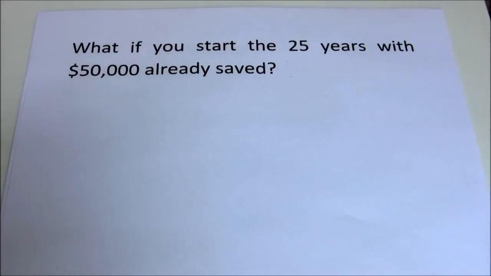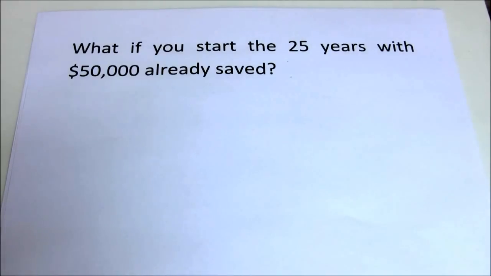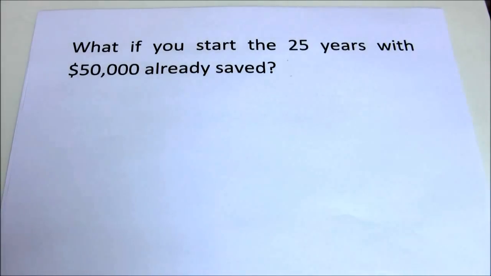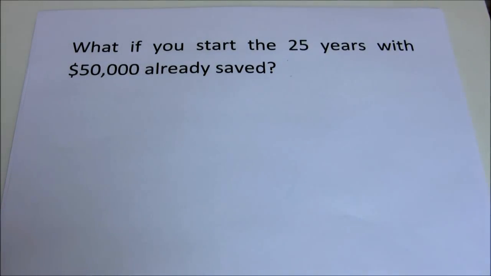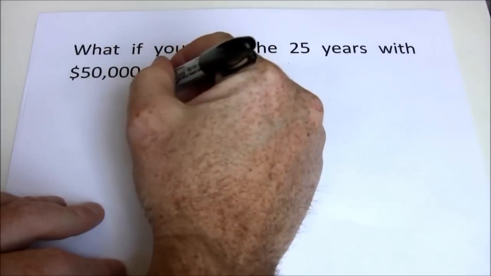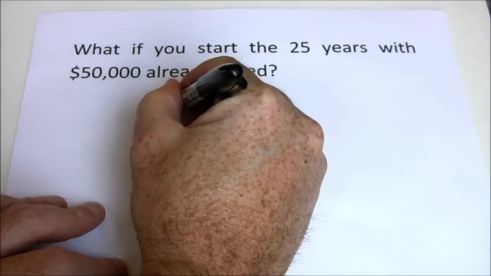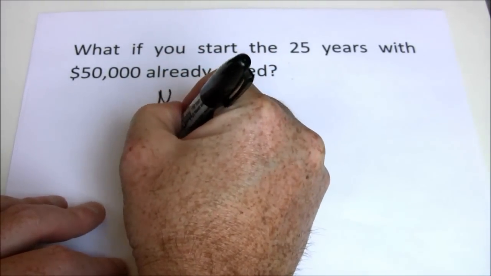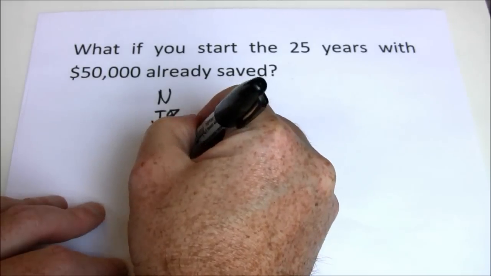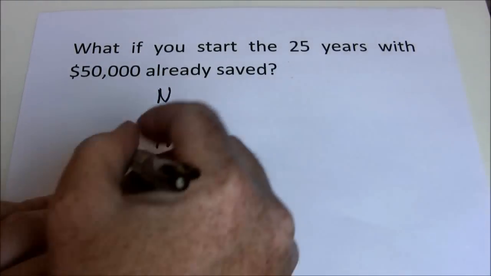Now let's change that just a little bit. And what we're going to change is now instead of starting without anything, we're starting with $50,000 already saved. So we start the 25 years and we've already got $50,000 set up. So again, let me just write down the 5 keys here.